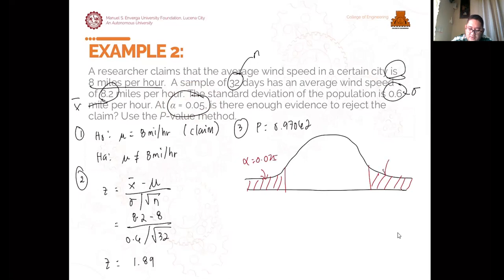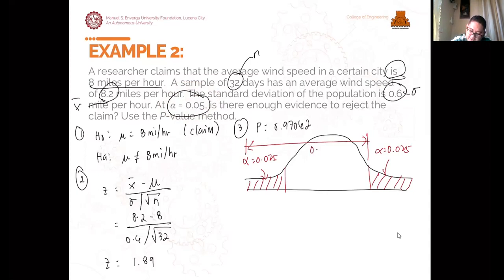No? So 0.025 yan. Okay? So, ano ngayon yung values natin? Itong portion na to is equivalent siya sa 1 minus 0.025.